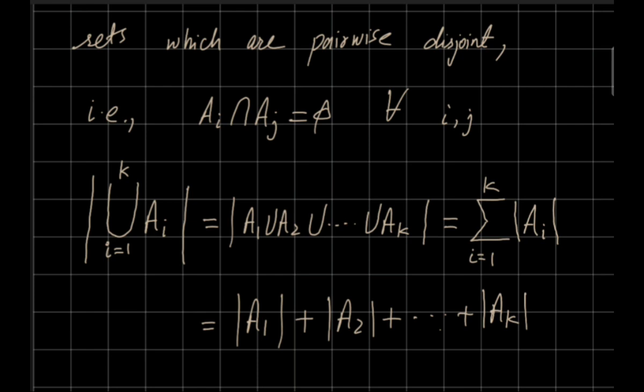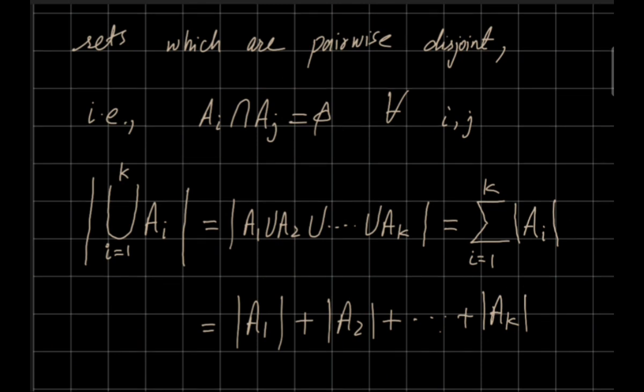So if you are going to count the number of elements in the union of those sets whose intersection is empty, then the number of elements in the union is the same as the sum of all values, right? This is the set theoretic definition of the addition principle.